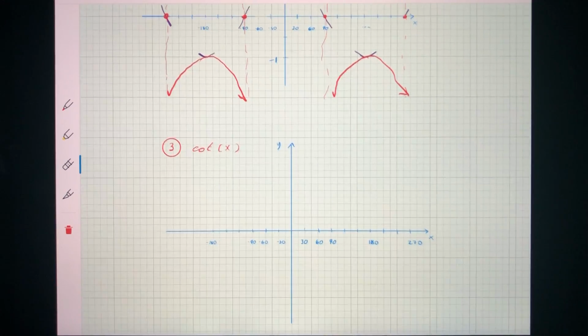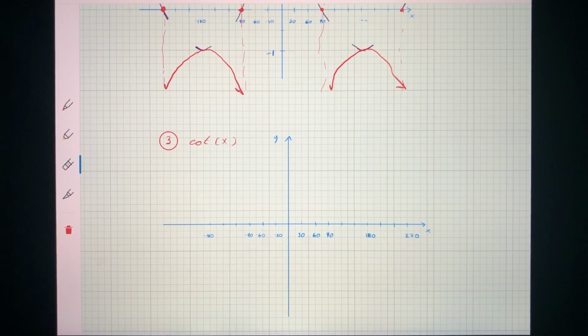And the last one is the cotangent. Cotangent is 1 divided by tangent, and since tangent is sine over cosine, cotangent is that same ratio flipped. So this is cosine divided by sine.